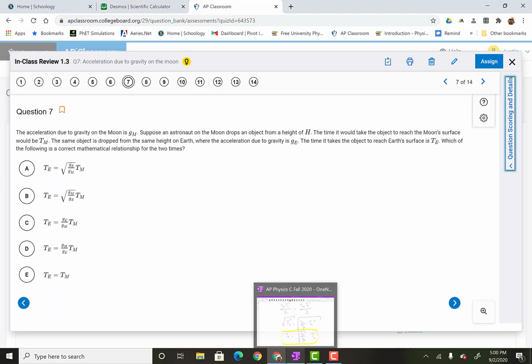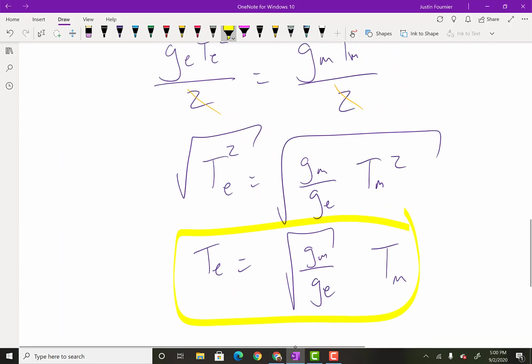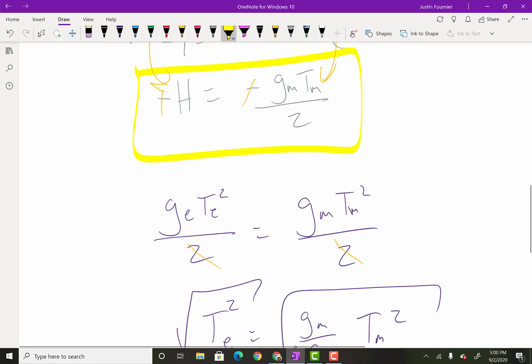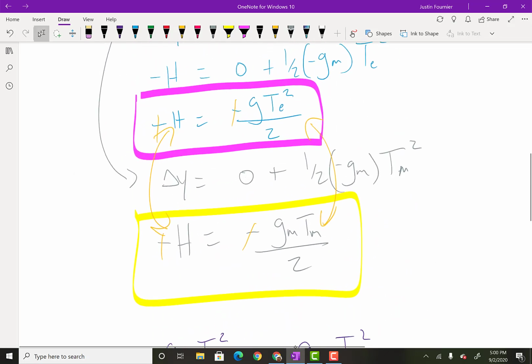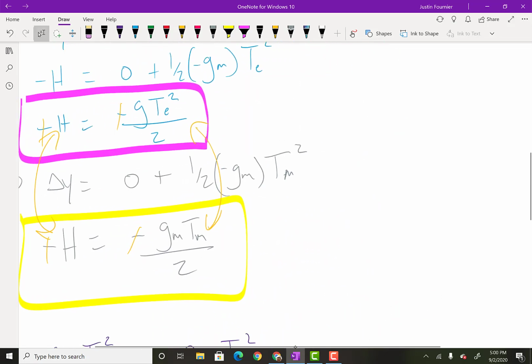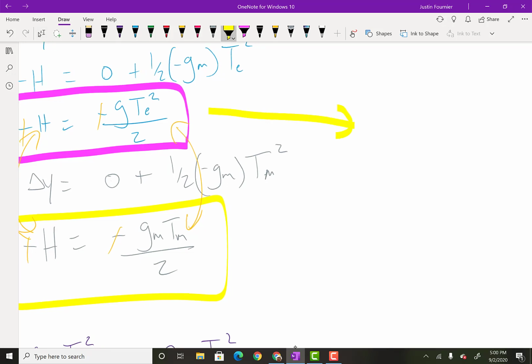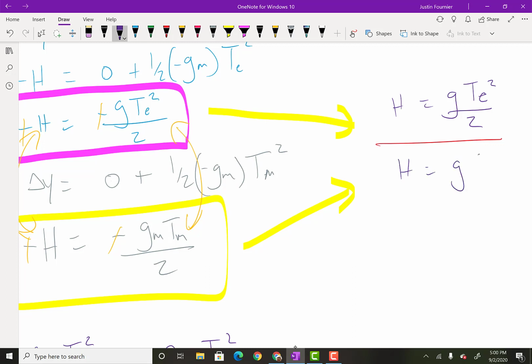Another way you could do this is what I call a ratio problem. It's all the same setup, except we're going to combine these and put them over each other. So h equals g t_e squared over 2, divided by h equals g t_m squared over 2.